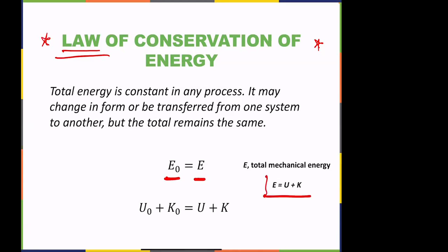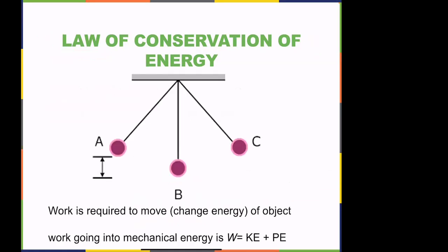And at all points, the total energy is equal to U plus K. Initial equals final. Initial U plus K, needs to be grouped together, equals final U plus K. The total energy stays constant. That's the law of conservation of energy. Matter cannot be created or destroyed. All the matter you have in the beginning equals all the matter you have at the end.